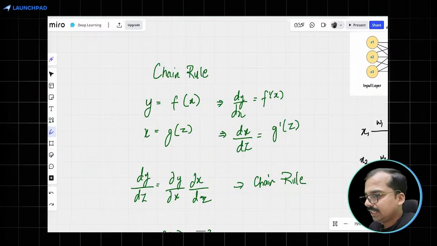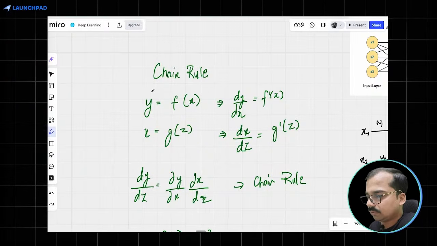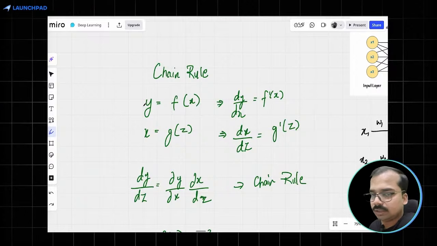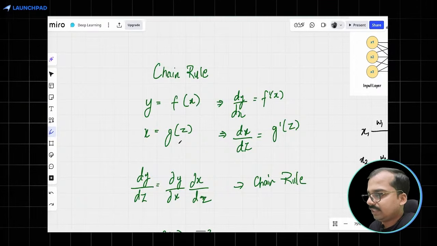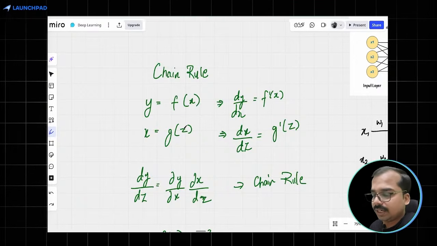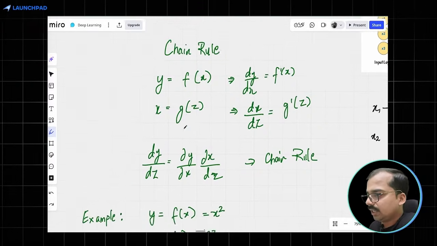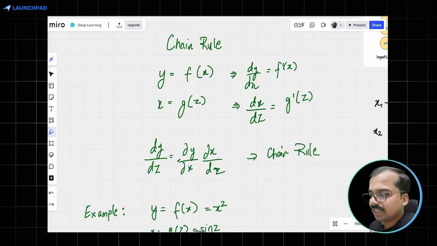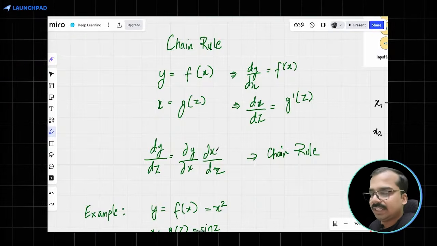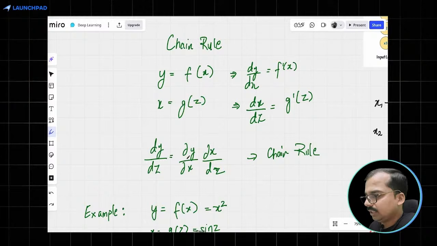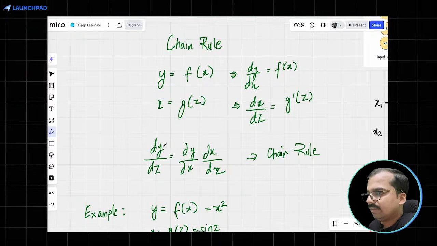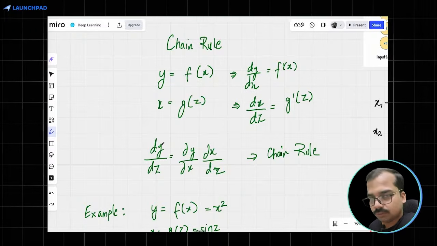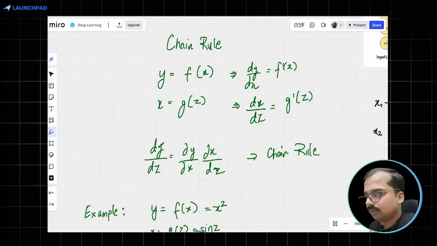But if I want dy/dz, basically what is the differential of y with respect to z, how can I do that? In order to do that, dy/dz will be equal to dy/dx, which I know, times dx/dz, which I know. If you compute these two, you will actually get dy/dz, and this is known as chain rule. Okay, that's what chain rule is all about.